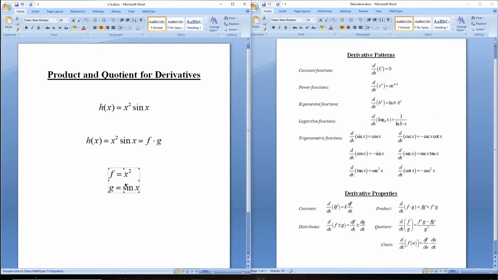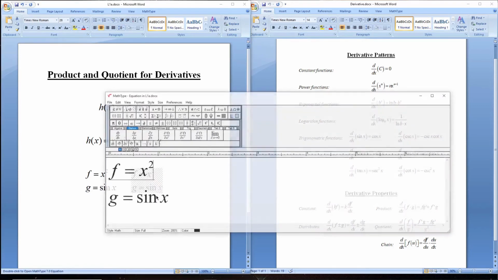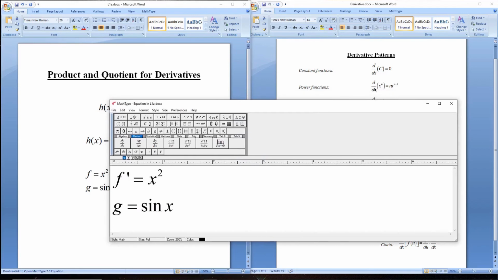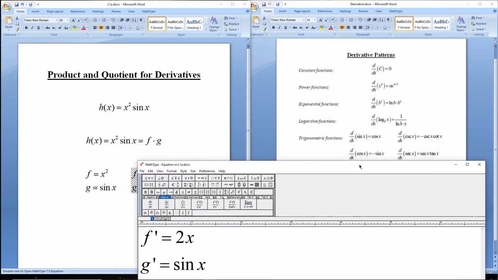And now that we have our f and g here, we're going to take their derivatives. So we're going to want the derivative of x squared. So that's our power function. And the derivative of x squared is 2x. And then we're going to want the derivative of g, the derivative of sine.